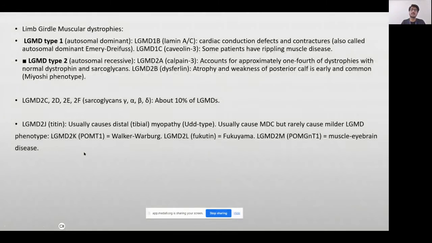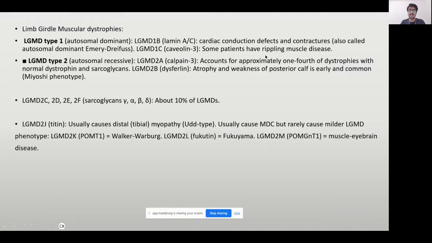Then we have some limb-girdle muscular dystrophies. This looks very complicated. However, there's a very interesting patient. I saw a reality show in which there was a patient who had this rippling muscle disorder, and the show was, I think, a kind of talent show or something.